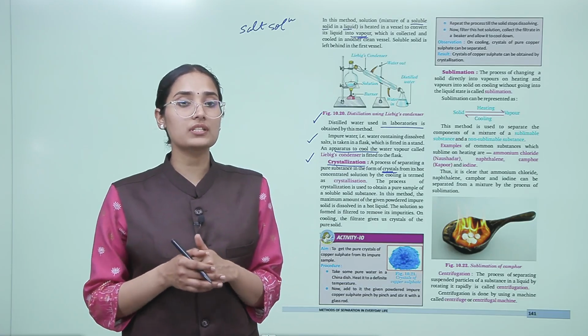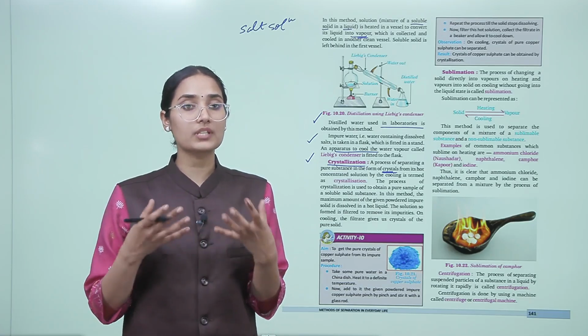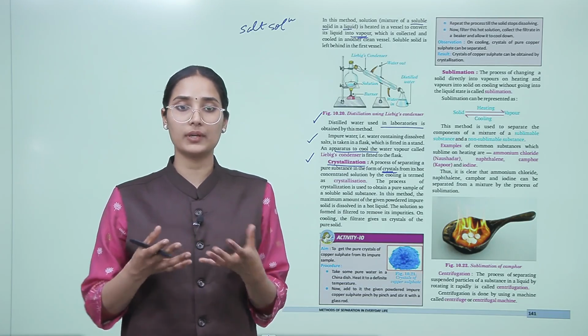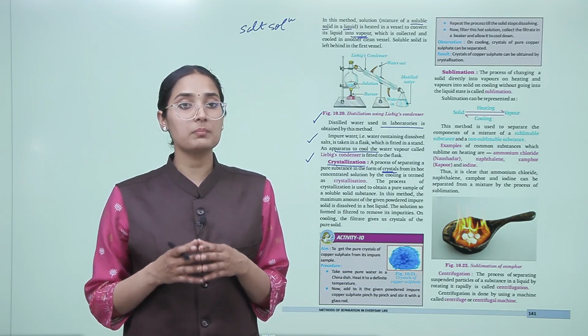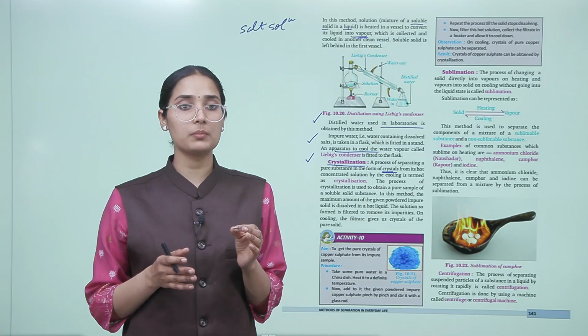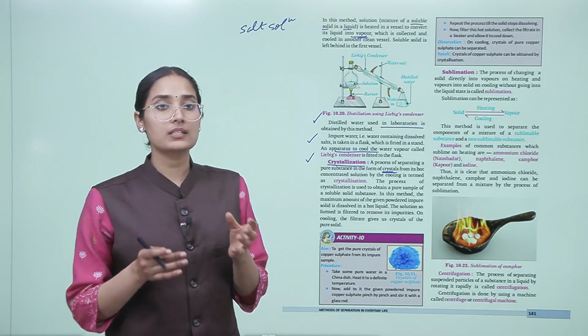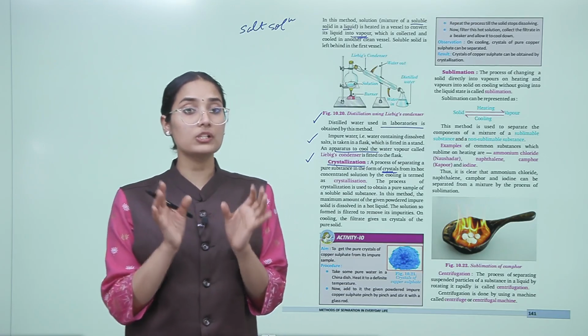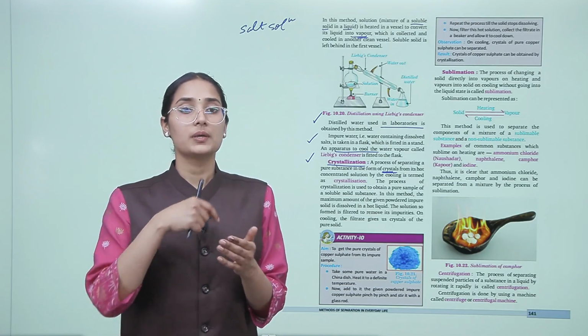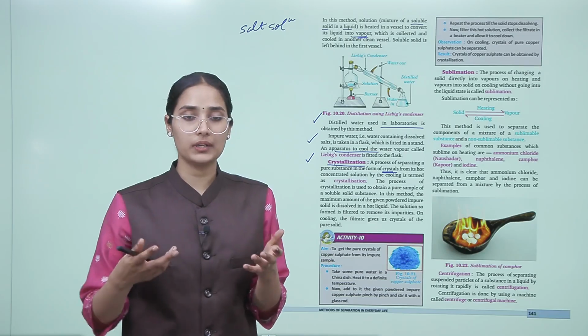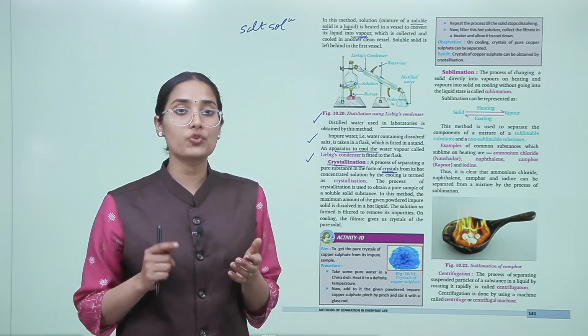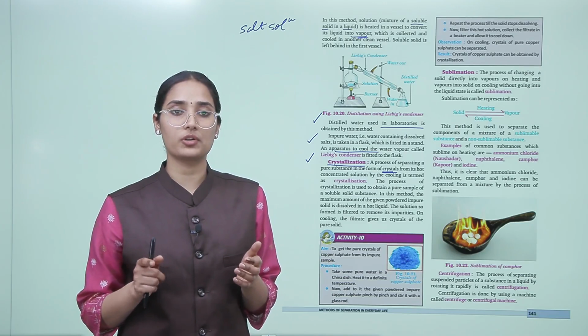Now the process of crystallization is used to obtain a pure sample of a soluble solid, and in this method the maximum amount of the given powdered impure solid is dissolved in a hot liquid. So this soluble solid is first dissolved in the hot liquid. Now the solution so formed is filtered to remove its impurities.